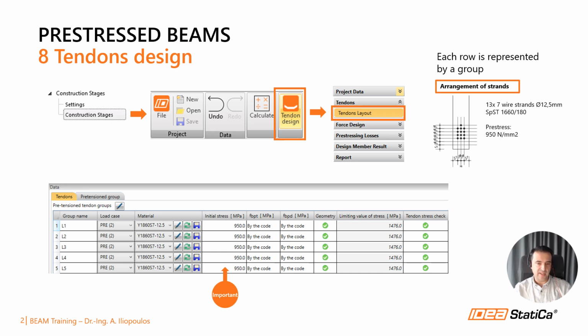And what are they? In our case, each tendon group will represent a row of tendons in the cross-section. After that, we can define the pre-stressing steel class for each row, and we can also define the pre-stressing force or the initial stress in the tendons.